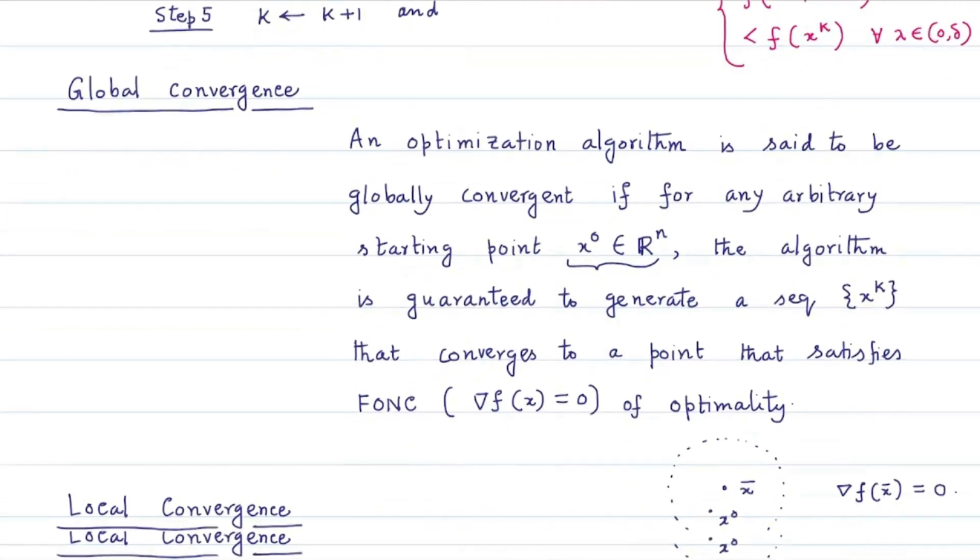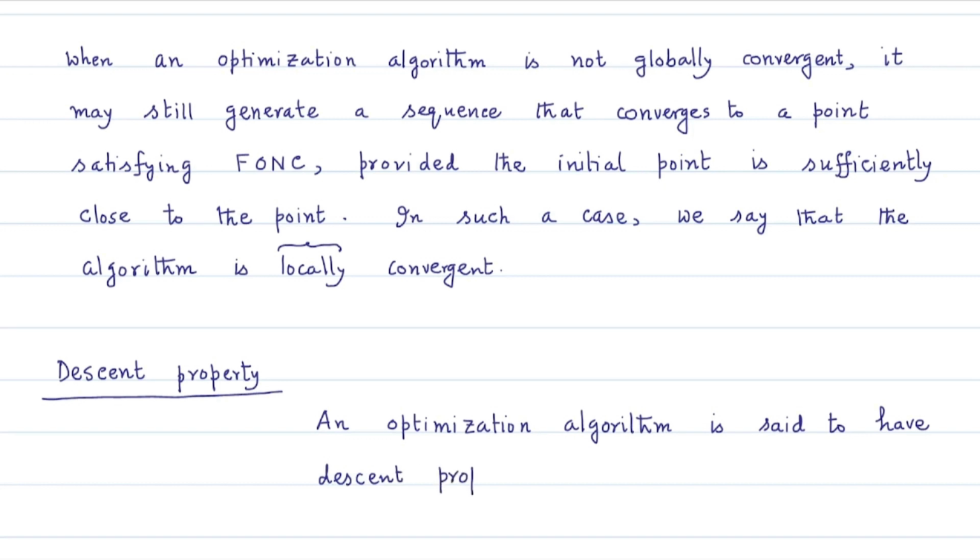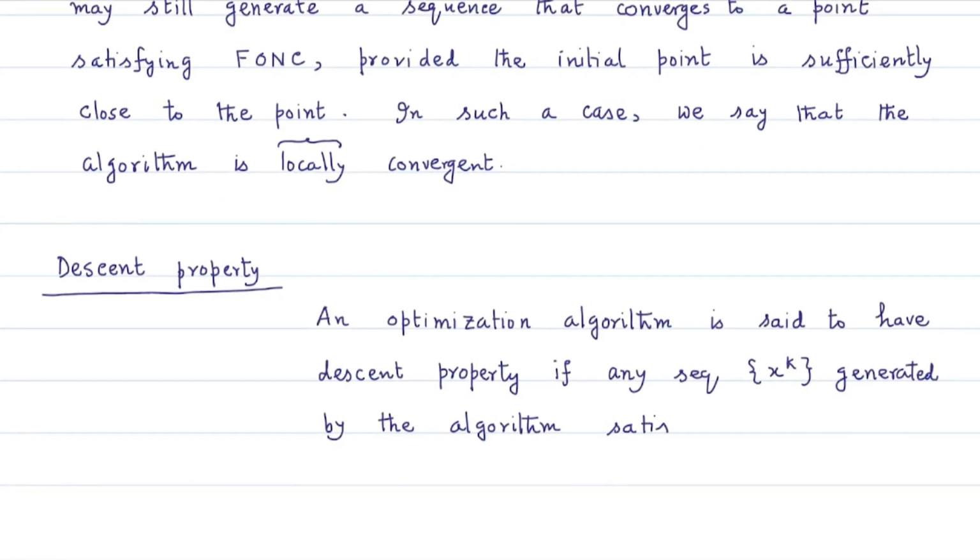We write this descent property neatly here: an optimization algorithm is said to have the descent property if any sequence generated by the algorithm, say xk, satisfies f of xk plus 1 less than f of xk, when the point xk is not a stationary point.